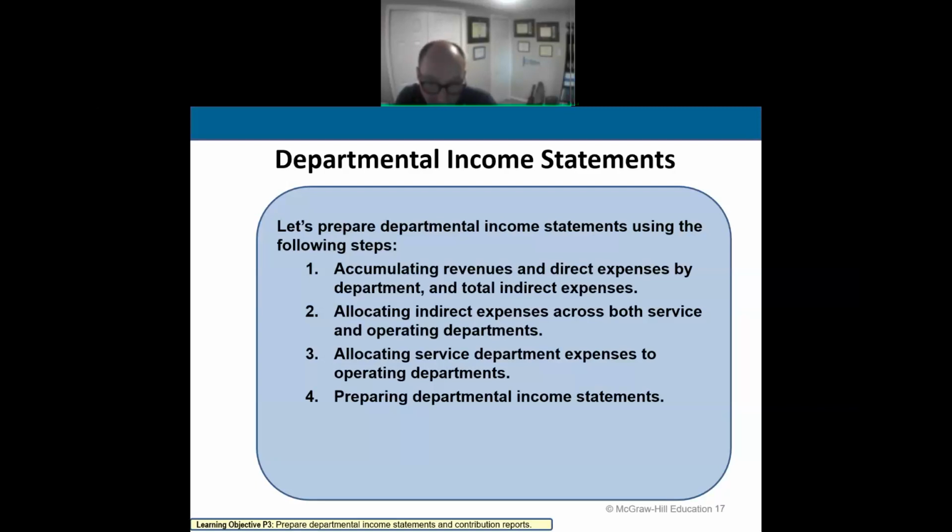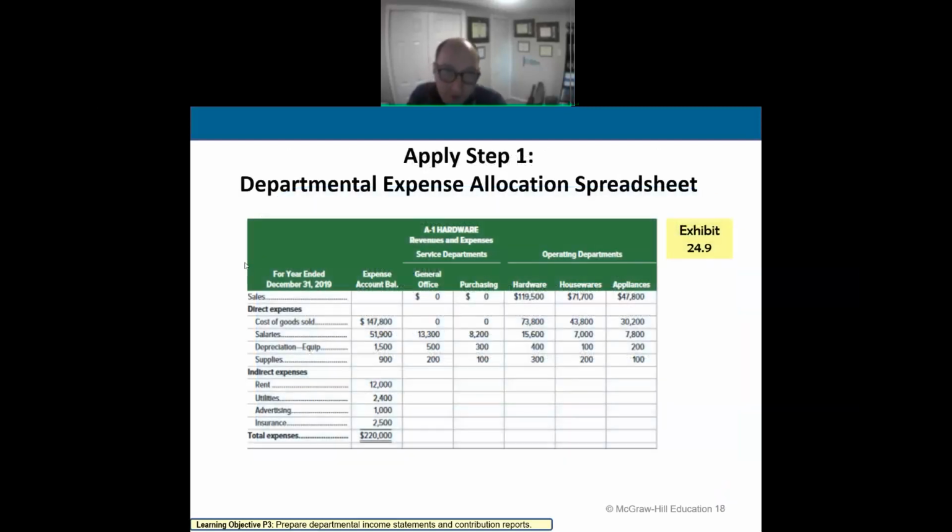I do it for each department. I allocate the direct and indirect expenses. I prepare department income statements. Each department has an income statement. My service departments don't generate revenue. My human resources people, they're not selling stuff. Okay? So human resources, they don't generate a revenue. They're an expense department.